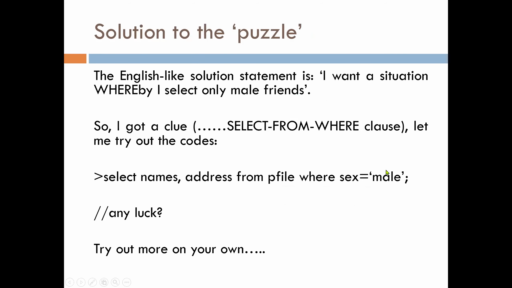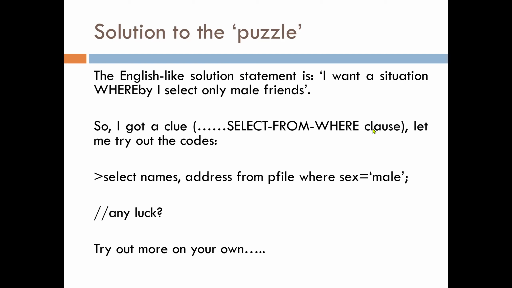Select names and addresses from P file where sex equals, well, it doesn't say male. You remember in the code we had the M, you can't just randomly put something there. You have to remember how you actually programmed it.